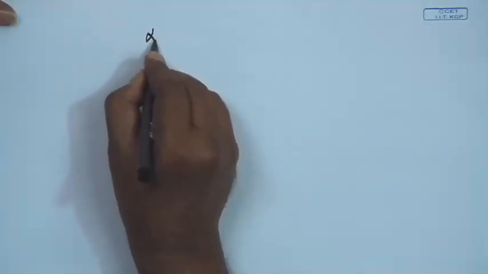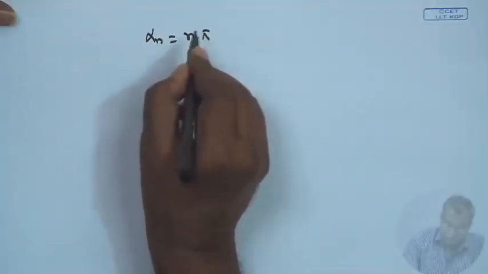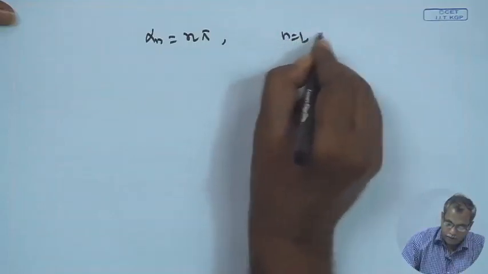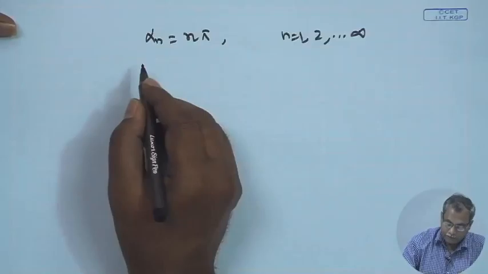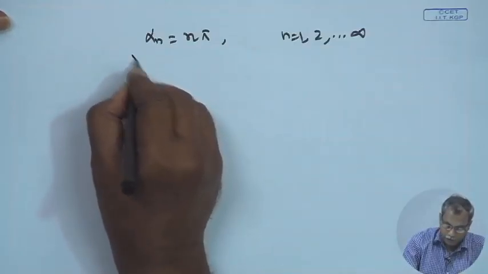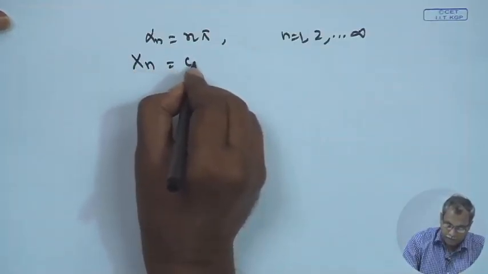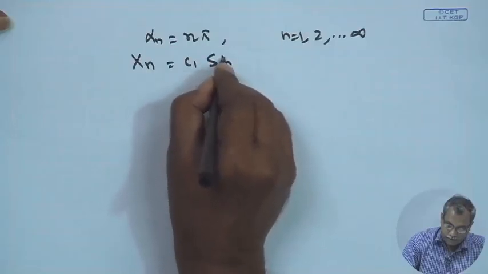So, alpha n is equal to n pi, where n is equal to 1, 2, 3 up to infinity. There are infinite number of eigenvalues. The theorem we have already seen. The corresponding solution will be X n is equal to c1 sine n pi x.